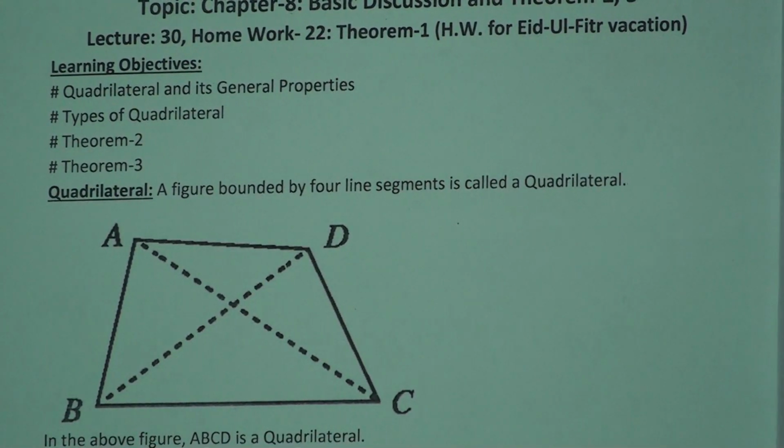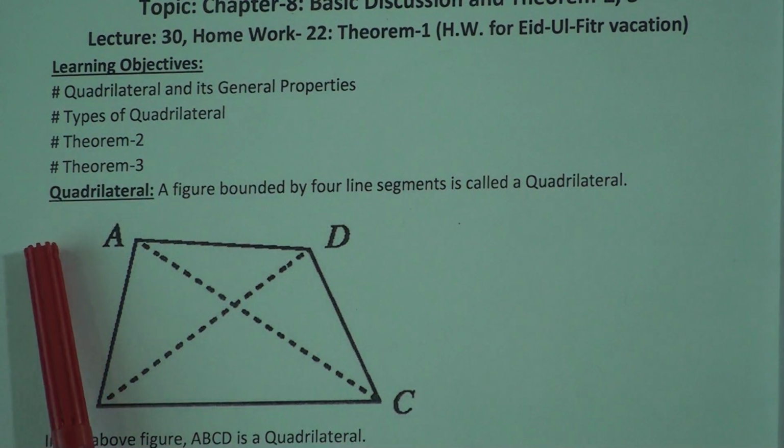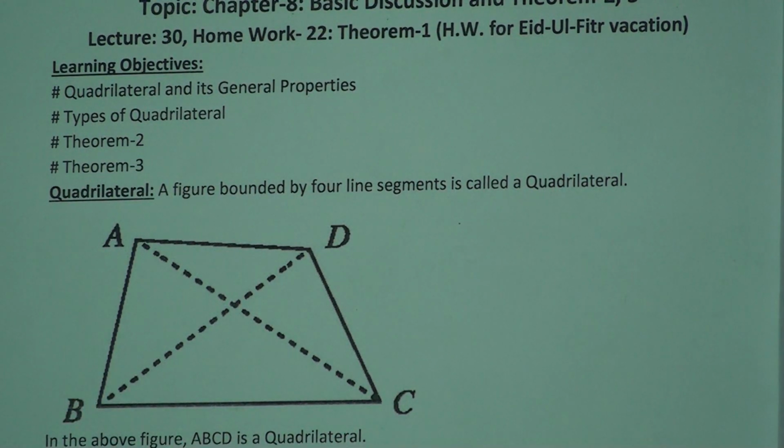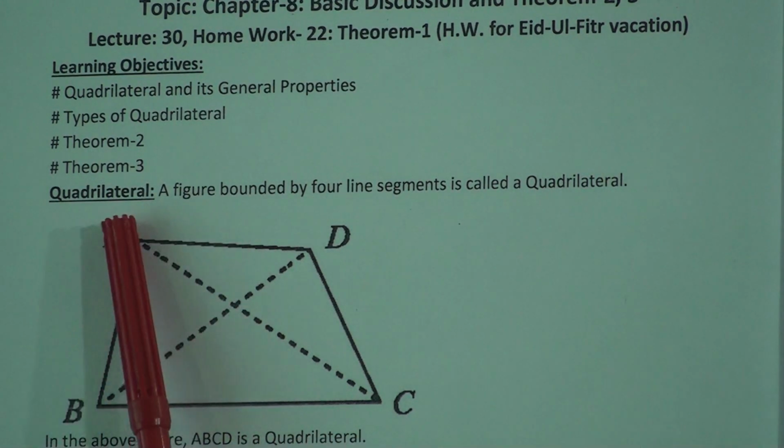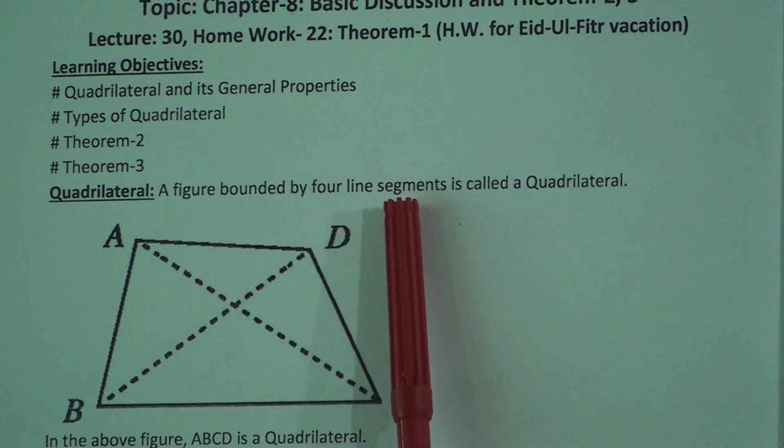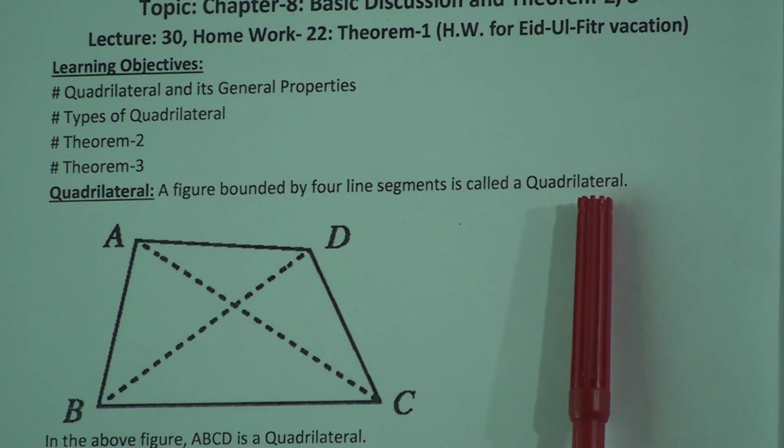So now at first we have to know what is a quadrilateral. Dear students, in previous classes, in class 4, 5, 6, 7, you have learned what a quadrilateral is. Though you have learned, I have written here again the definition of quadrilateral. A figure bounded by 4 line segments is called a quadrilateral.